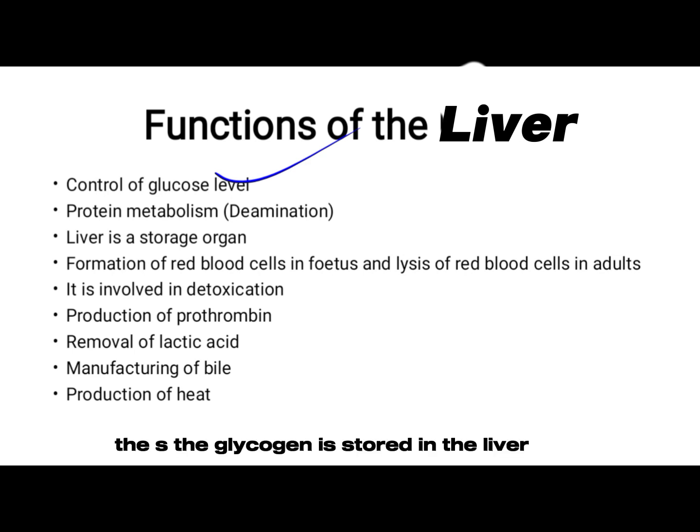The glycogen is stored in the liver, and when the body is in need of glucose, for example when you are fasting for a long time, the stored glycogen will be converted back to glucose through another hormone released by the pancreas, which is glucagon.